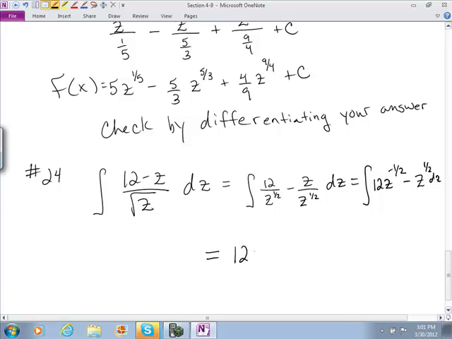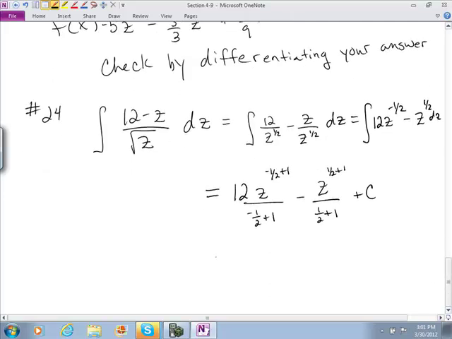So this is going to be 12z to the negative 1/2 plus 1 divided by negative 1/2 plus 1, minus z to the 1/2 plus 1 divided by 1/2 plus 1. And then, of course, you have your plus c. Then we'll just clean this up.